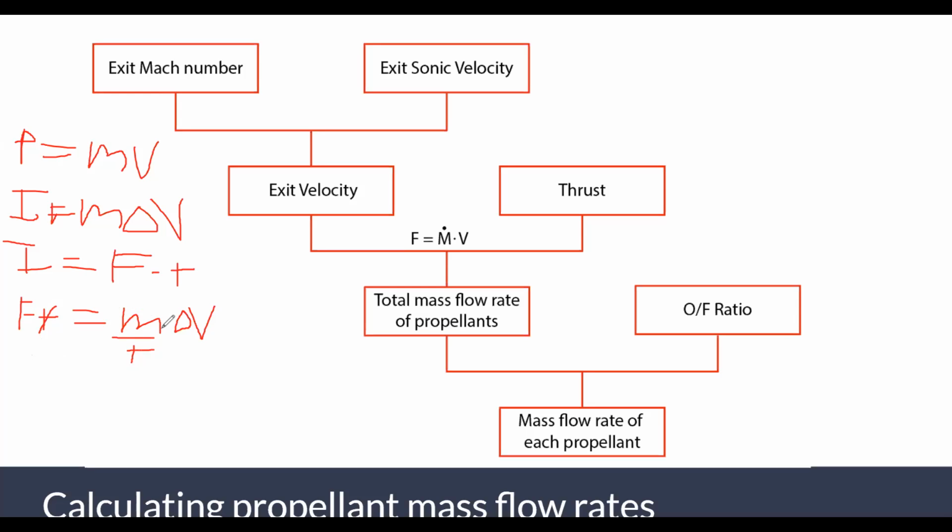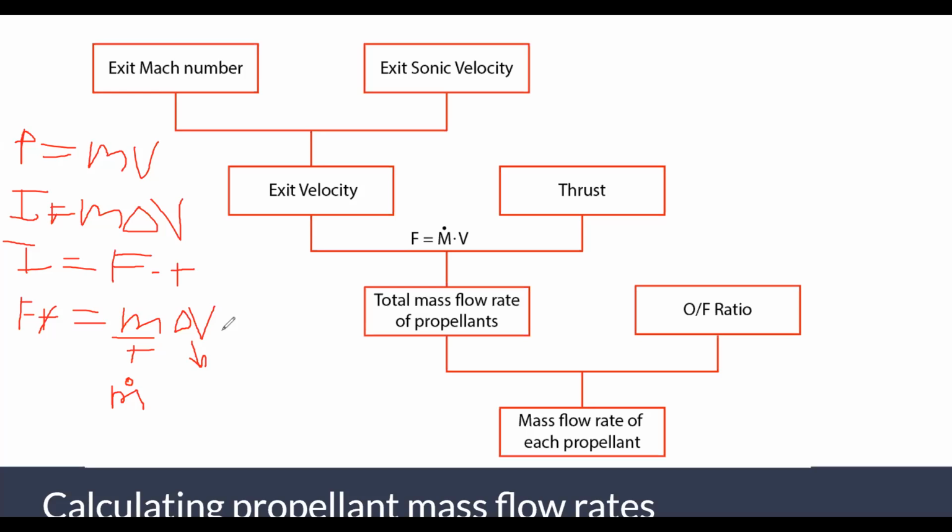And then if you have amount of mass over time, if we assume that you have a consistent flow of mass, like we are going to have in the engine, you can say this is basically just a mass flow rate, which we denote by just using m dot. The dot just signifies it's a rate of mass flow per time. And then velocity, or change in velocity, is basically how much you change the velocity of the combustion gases.